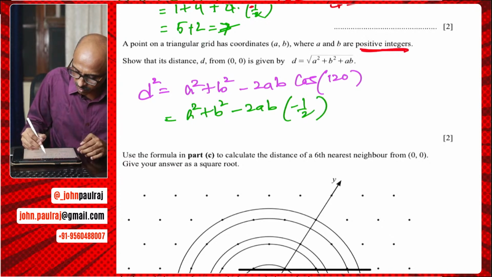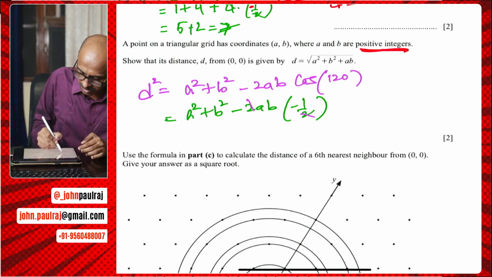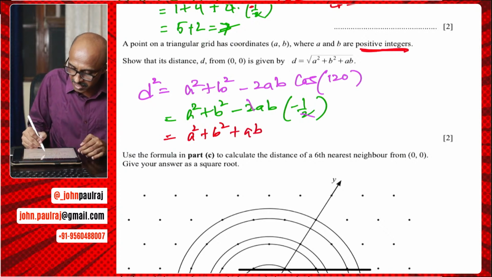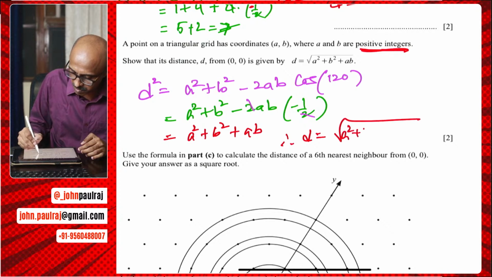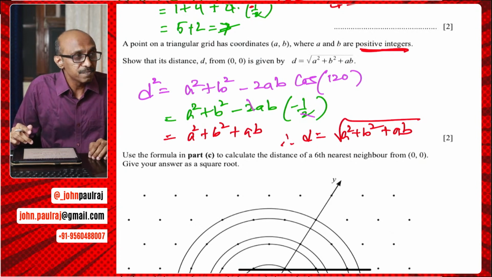So that will cancel off, and so you'll get a plus. So that makes it a square plus b square, negative negative makes it a plus ab, and this is d square, remember? So d is just the square root of that term, a square plus b square plus ab. Okay, clear everyone?